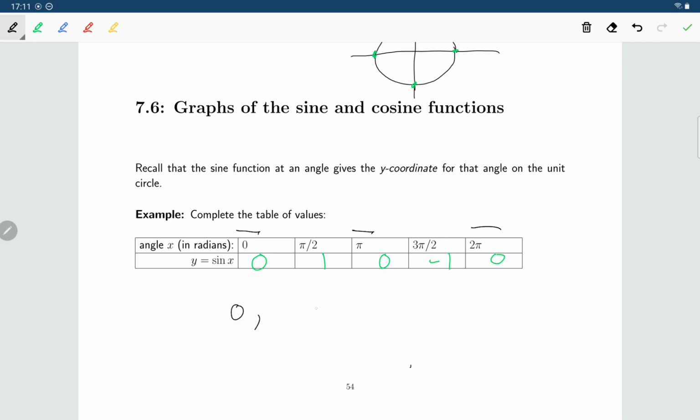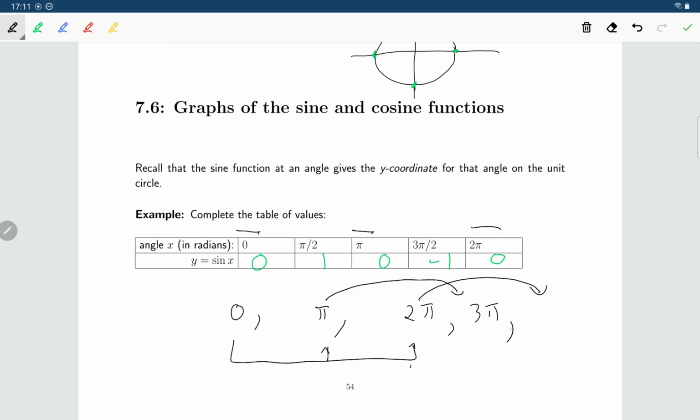But because we know that sine is periodic, because sine repeats itself every 2 pi radians, then if these 3 points are x-intercepts, then pi plus 2 pi would be an x-intercept, 2 pi plus 2 pi would be an x-intercept, 3 pi plus 2 pi would be an x-intercept, and same thing with subtracting full circles. Pi minus 2 pi or negative pi, that would be an x-intercept. 0 minus 2 pi, negative 2 pi, that would be an x-intercept, and so on.